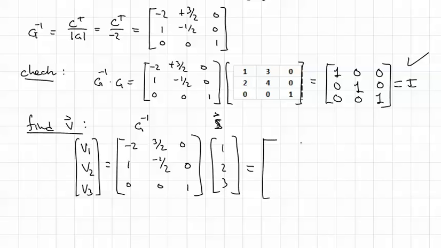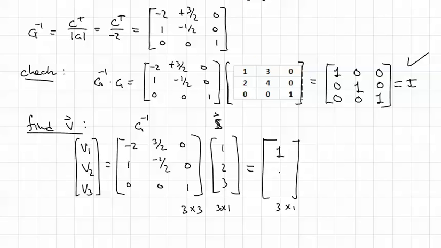So multiplying across and down, we have minus 2 plus 3 halves times 2. That's going to be minus 2 plus 3, that will be 1.